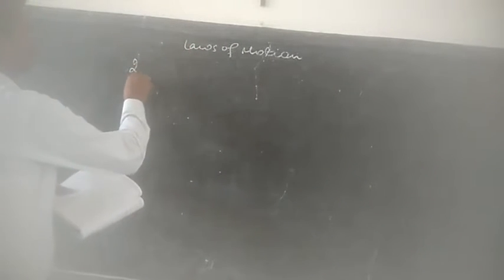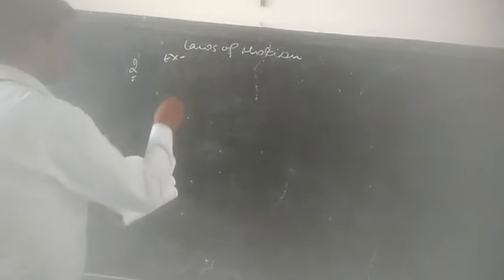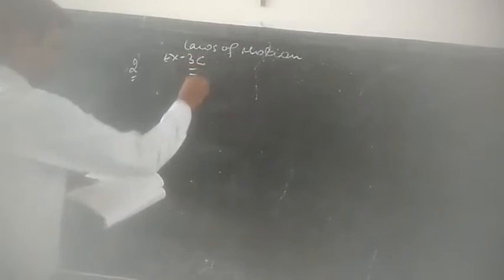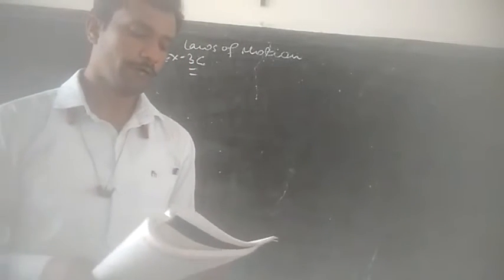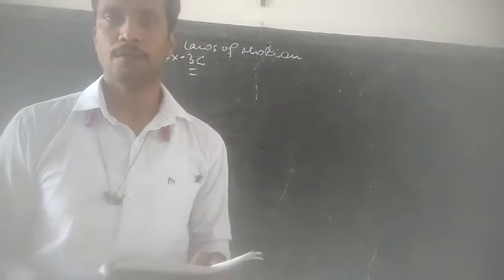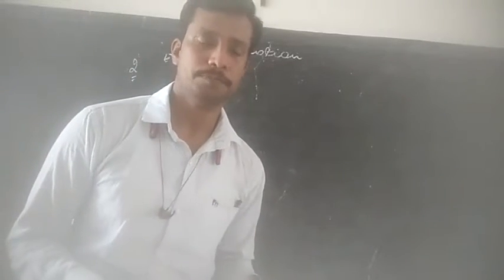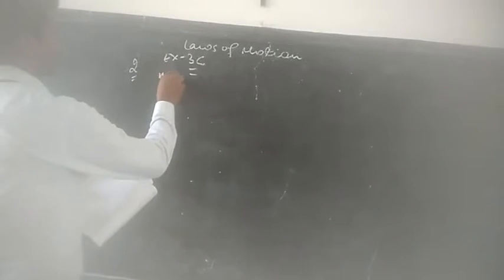Number 2, exercise 3C. The linear momentum of a ball of mass 50 gram is 0.5 kg meter per second. Find its velocity. So let's write all the information first.